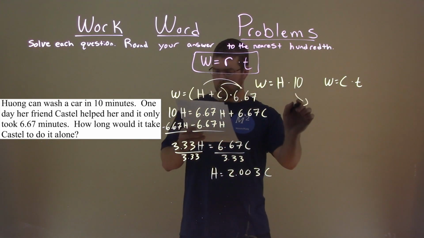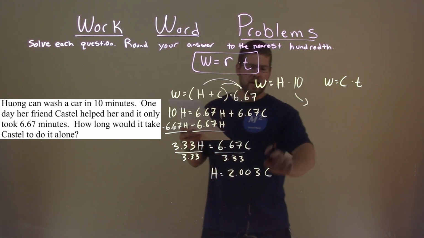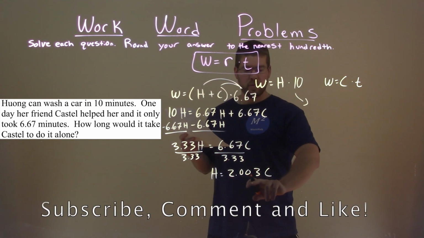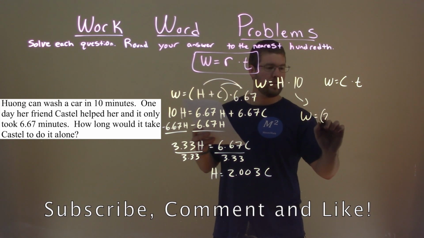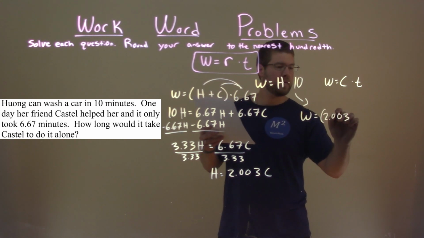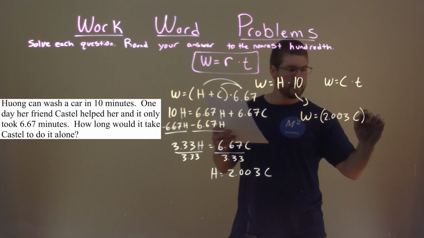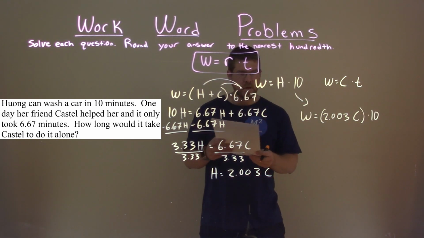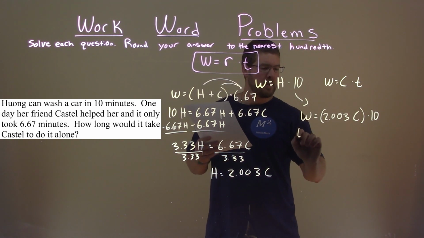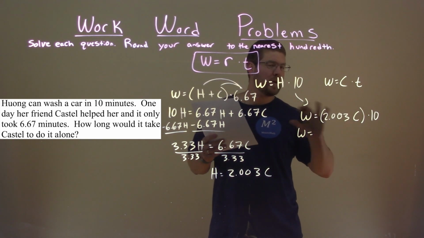So how does that help us? We take the formula for Hyung, and we can replace H with 2.003 C. So that work is equal to 2.003 C times 10. Okay? So watch this. That same work, since this is all being multiplied, we can reorder that.